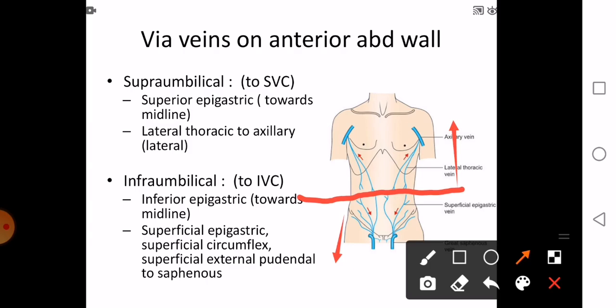In the infraumbilical part, we have the inferior epigastric towards the midline, and more away from the midline we have the tributaries of the saphenous, namely the superficial epigastric, the superficial circumflex, and the superficial external pudendal. Of these, the one that we are most interested in is the superficial epigastric vein.